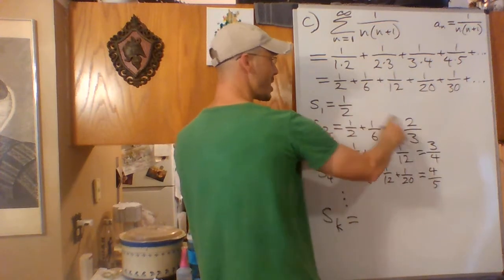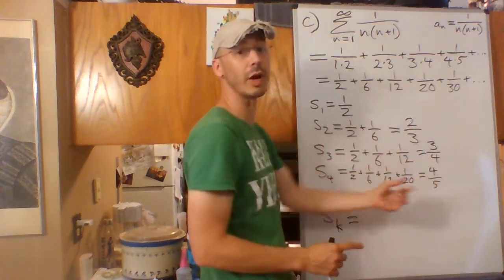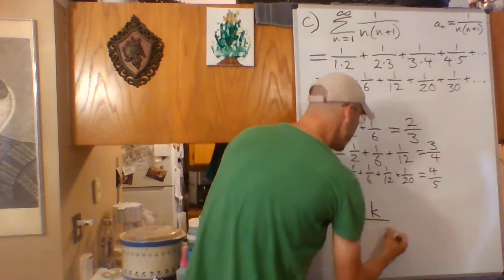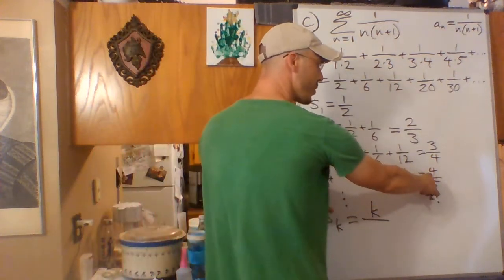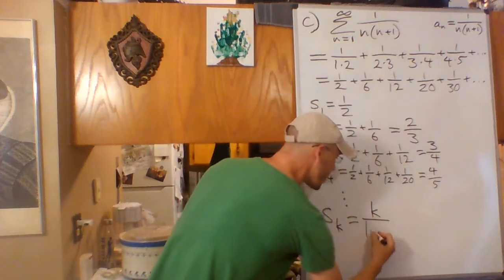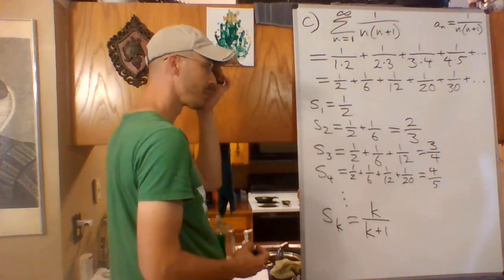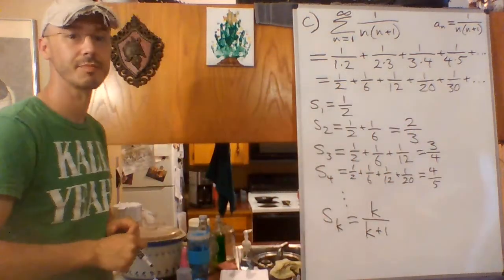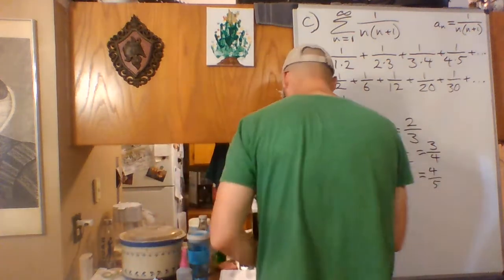The numerators are the same as the index, and the denominators are 1 greater. It's k, that's the numerator, k equals 4, and then over k plus 1. The denominator is 1 greater than the numerator in all of these. That's the pattern that we're going to take advantage of.